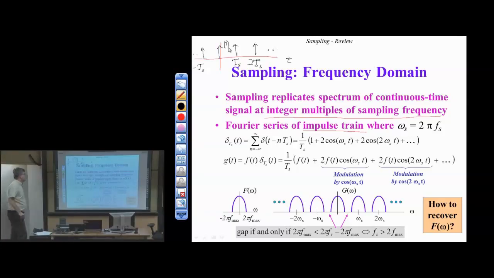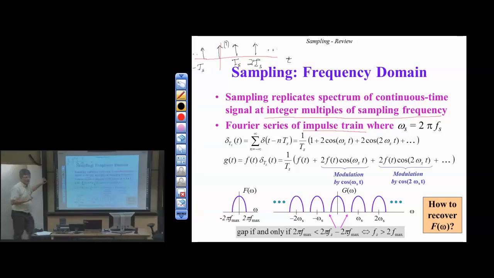This is the impulse train, the modeling of sampling. This is the model of taking an instantaneous snapshot when you sample something. This is an idealization. In practice, we can't take instantaneous snapshots. We observe a signal over a very small period of time.